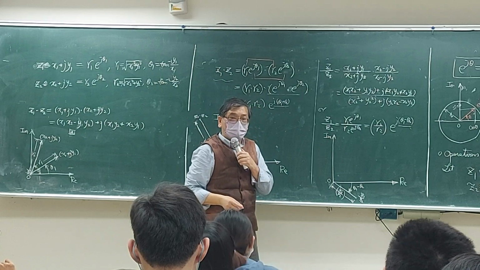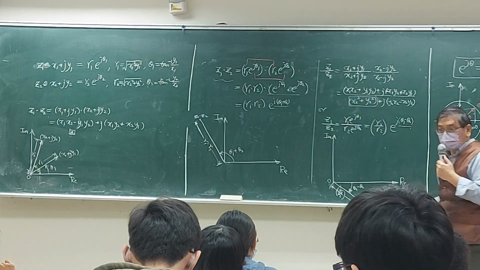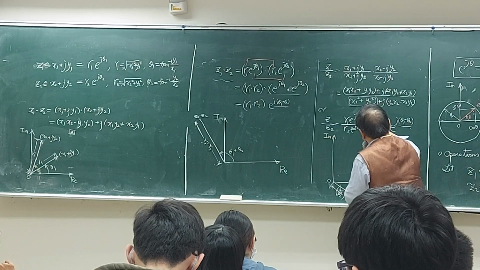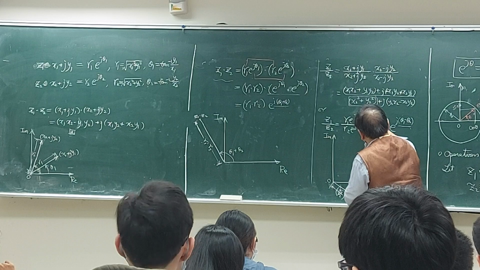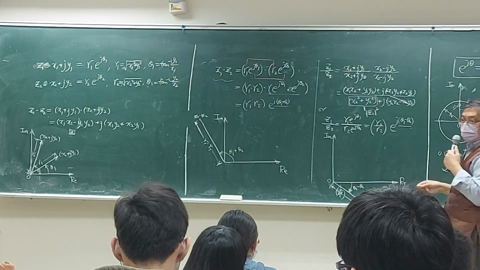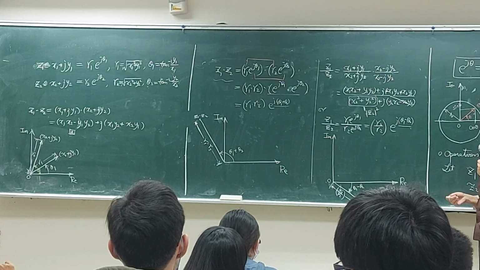Right? So actually this is the magnitude squared of Z2, and this is 0. Good. Any other question?